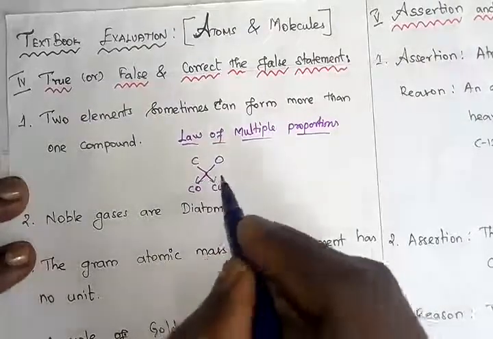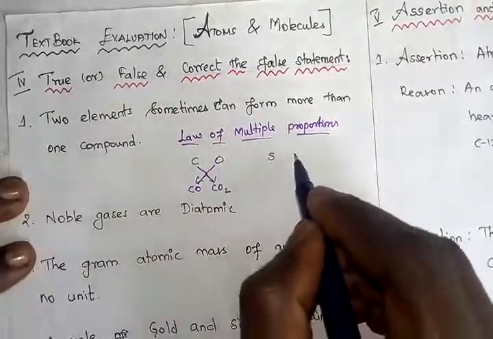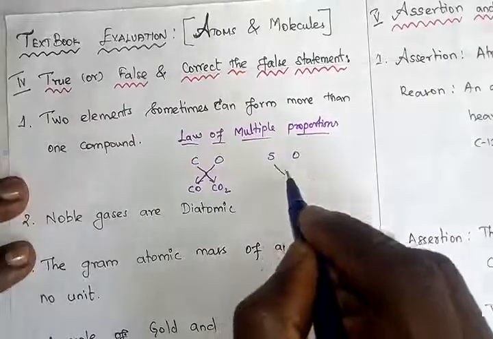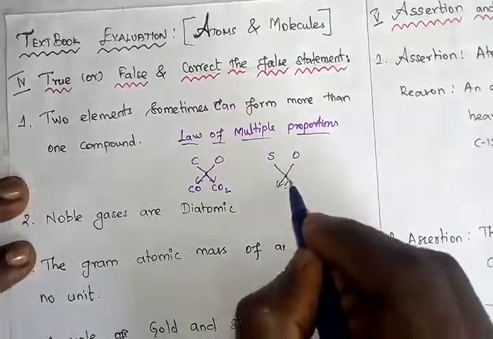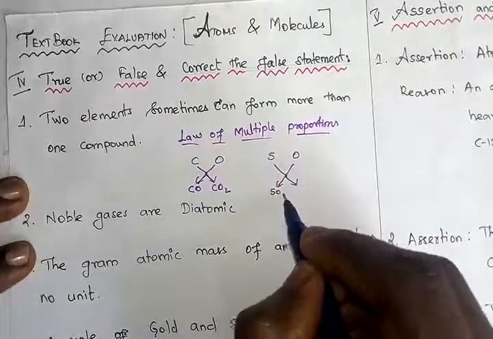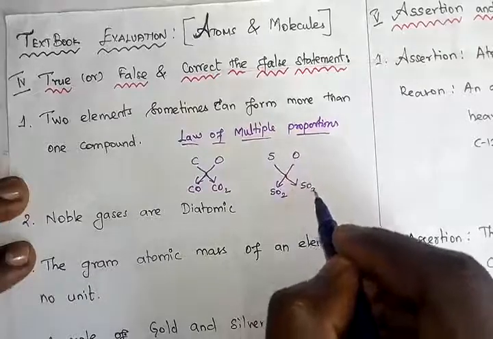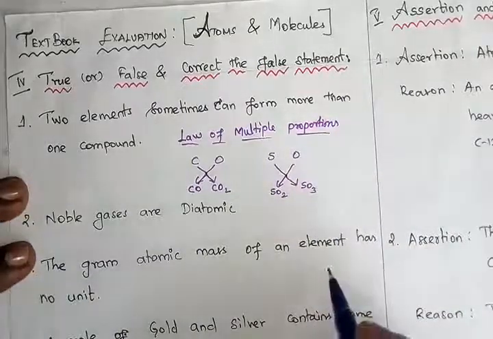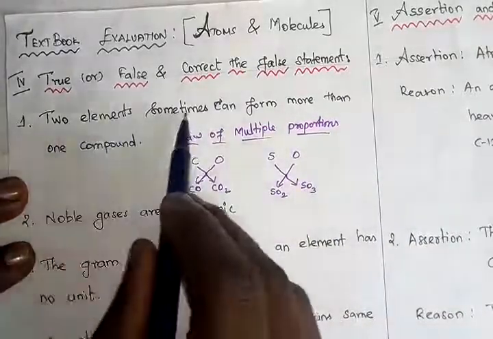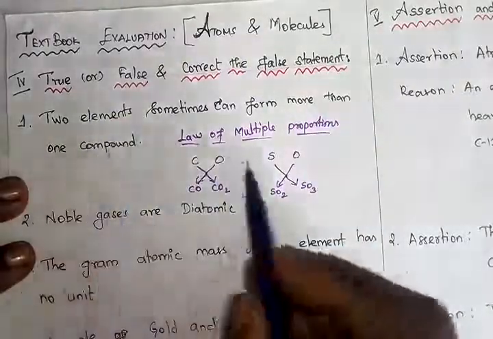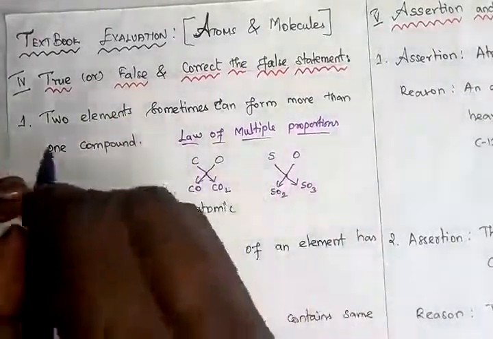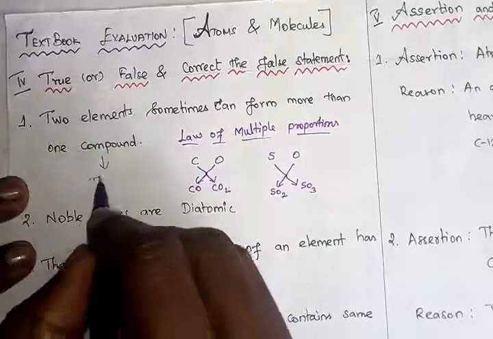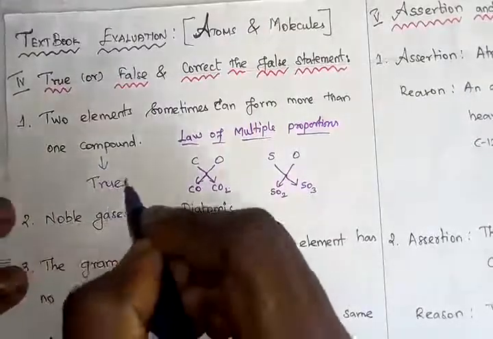Similarly, sulfur and oxygen can combine to form more than one compound, sulfur dioxide and sulfur trioxide. If it is so, the statement is true.